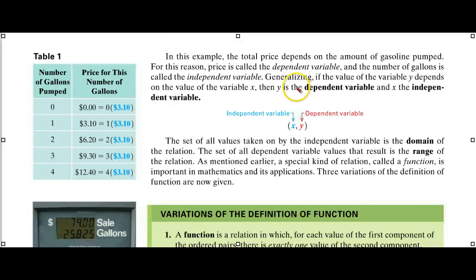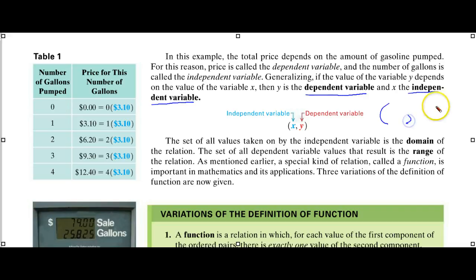And as we build vocabulary, the x member of the ordered pair is the independent variable, and the y member of the ordered pair is the dependent variable. Now it also gives rise to some other vocabulary words.